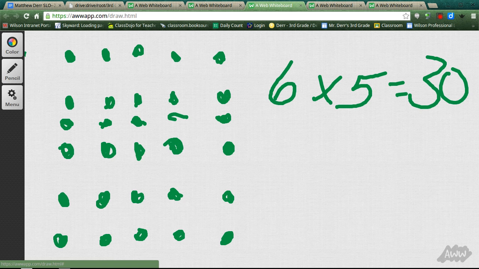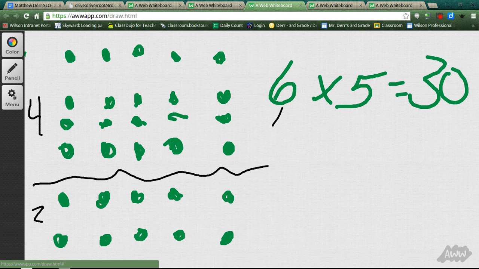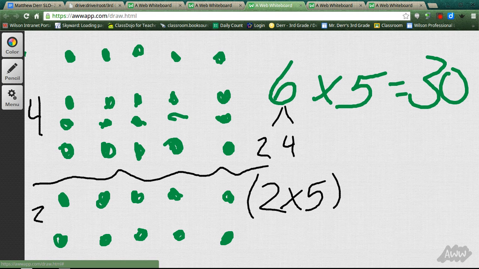All right, so now I'll take my line, zoom, and I like doing arrays because it's a nice visual for us to see this process. And now I've got 2 and 4. All I did was I took that 6 and separated it into 2 and 4. So I would say 2 times 5 plus the 4 times 5.